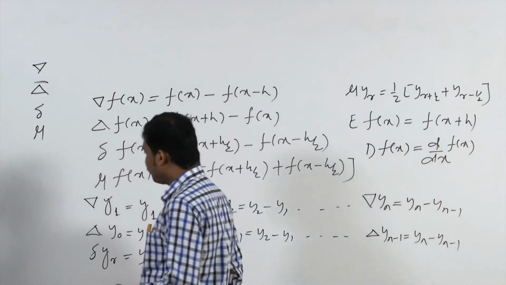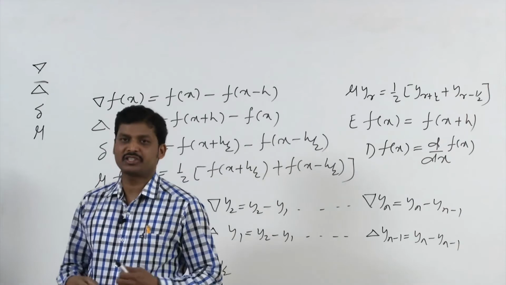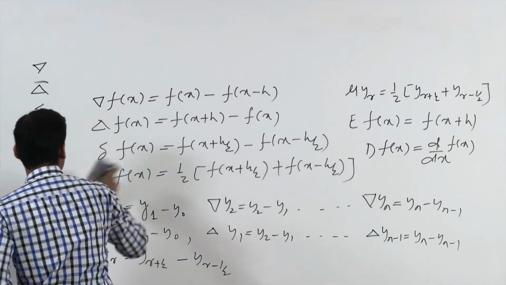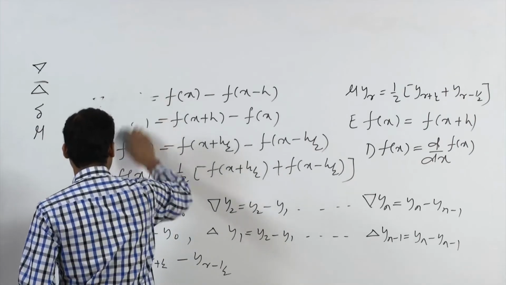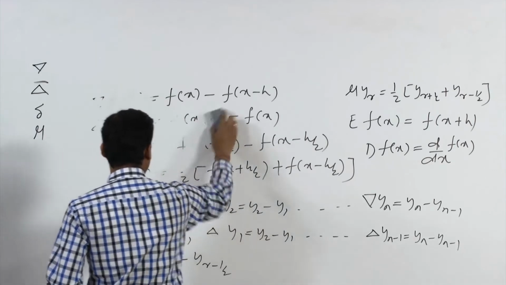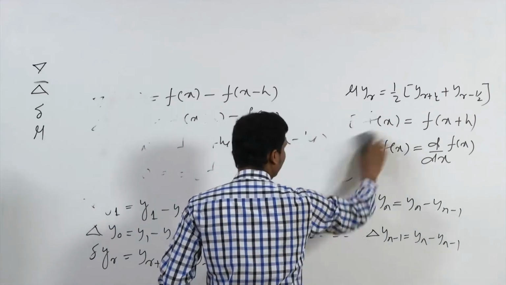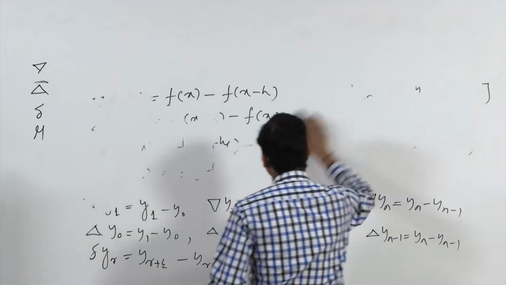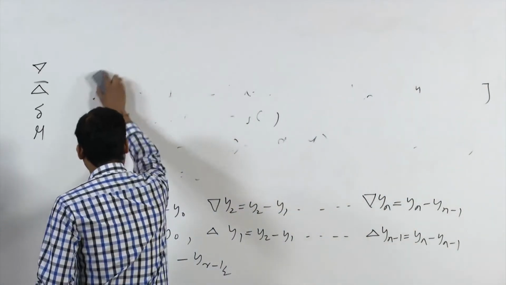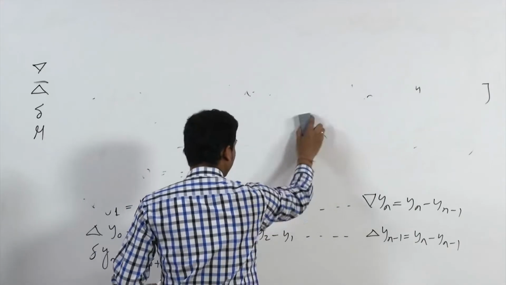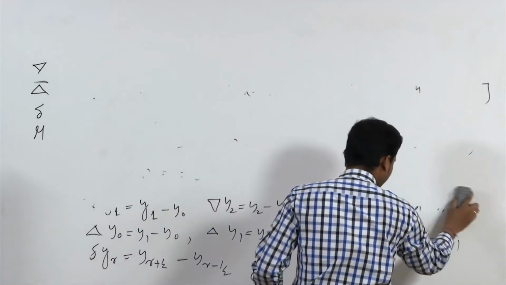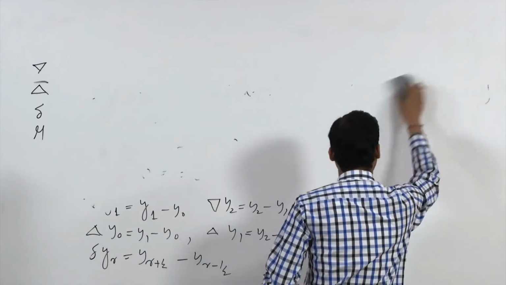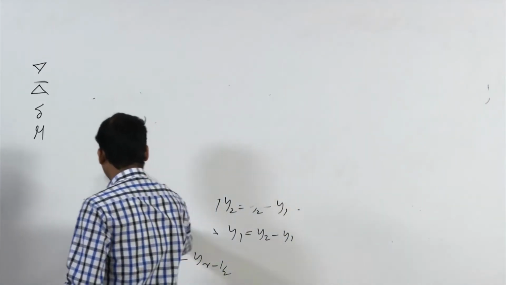If we want to extend these operations, like how we can express the delta operator, Nabla operator, central difference operator, or average operator in shift operator form, then we have to expand these operators in different forms. First, if we express the shift operator in a recursive way, we can write E of f of x as f of x plus h, then E of f of x plus h as f of x plus 2h.